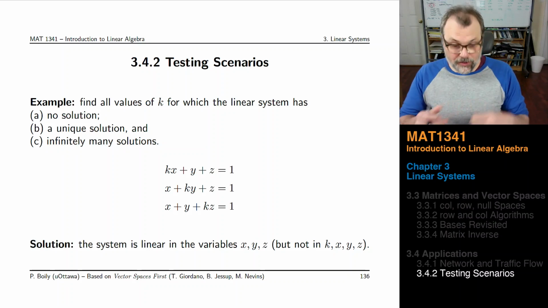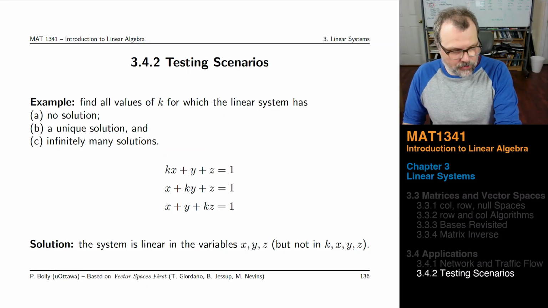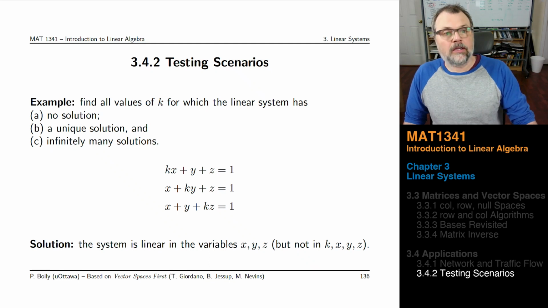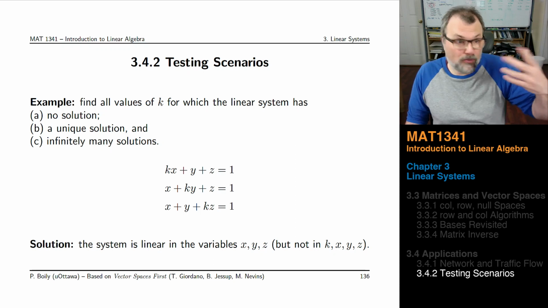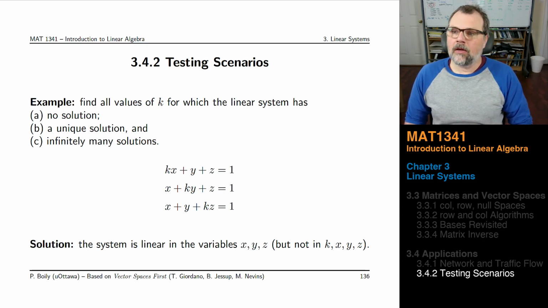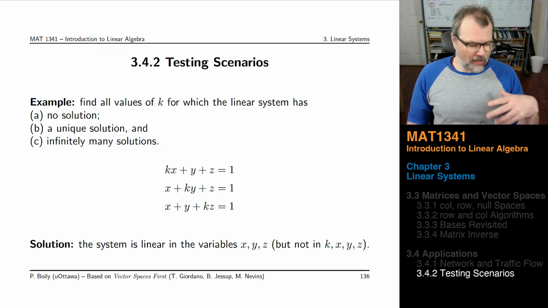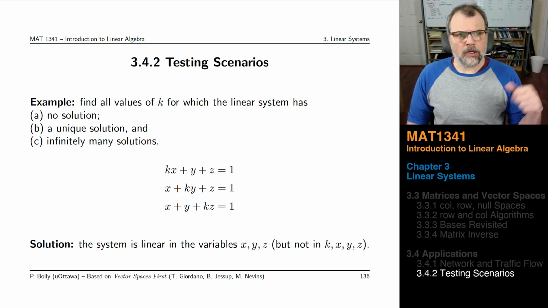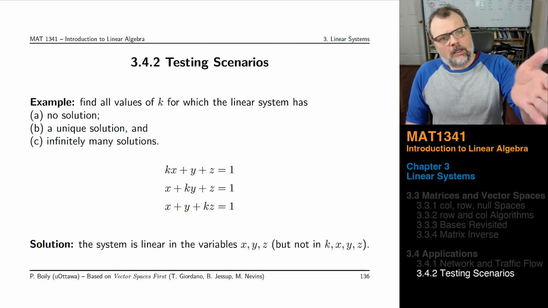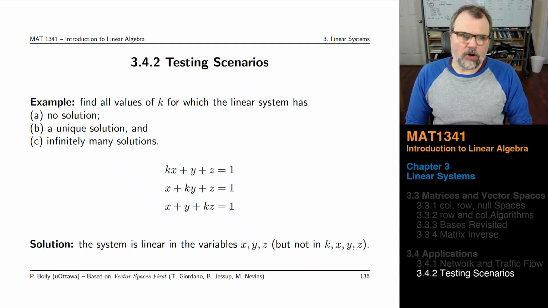There's another application which is much more mathematical in nature. I'd like you to find the values that a parameter or parameters have to take so that a linear system has either no solution, a unique solution, or infinitely many solutions. So if we look at the system kx + y + z = 1, x + ky + z = 1, and x + y + kz = 1.